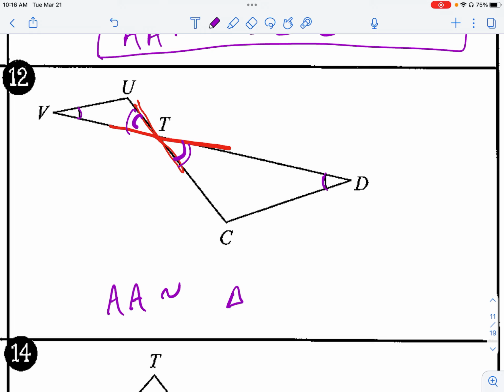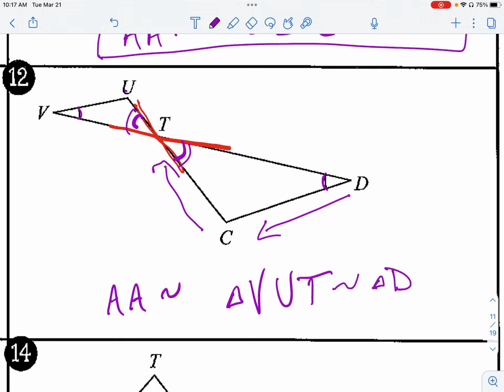Write our similarity statement. We're going to V, U, T. So we went from 1 to none to 2. So over here, we go from 1 to none to 2. So it's going to be triangle DCT.